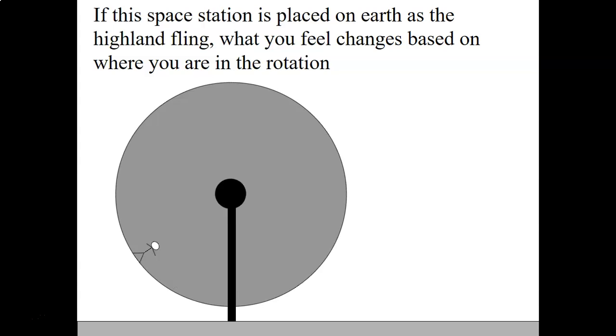When you're at the bottom of the circle, you feel really, really heavy. That's where the tension in the string, or the normal force in this case, is the greatest. And at the top, you feel the lightest, where the tension is the least, where you're subtracting. And that's where you could fall out of your seat if you're moving too slow.